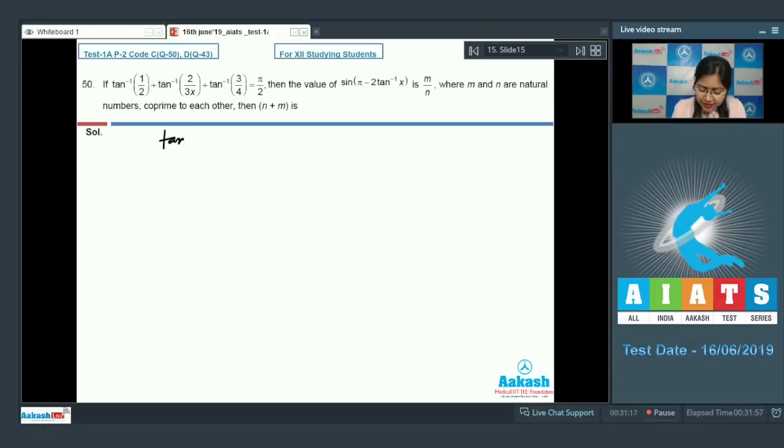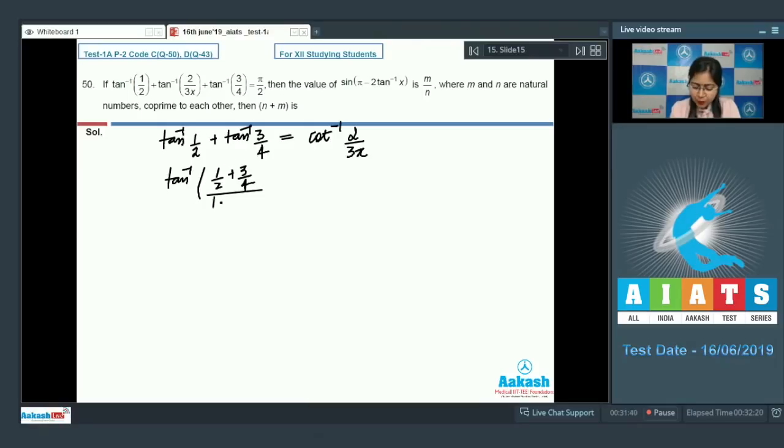Now this can be written as tan inverse 1 by 2 plus tan inverse 3 by 4 is equal to pi by 2 minus tan inverse of 2 by 3x, that is equal to cot inverse of 2 by 3x. Right? So applying here tan inverse A plus tan inverse B, we will get (1 by 2 plus 3 by 4) divided by (1 minus 3 by 8).